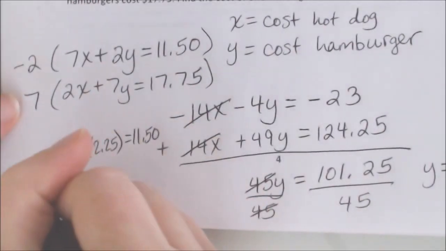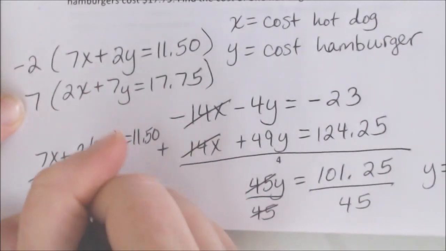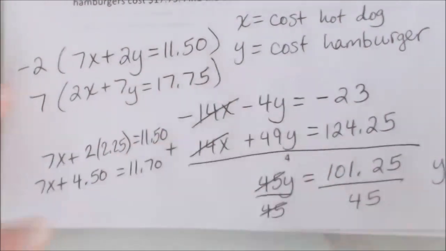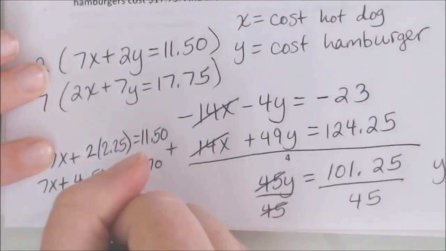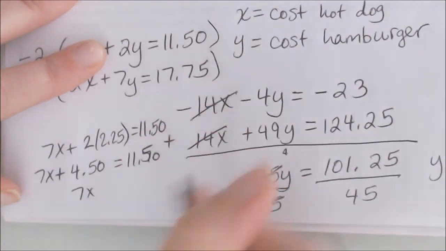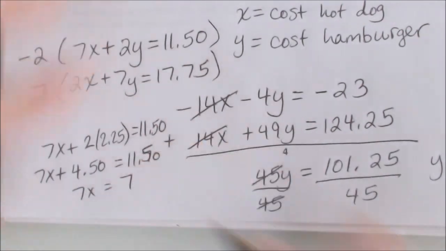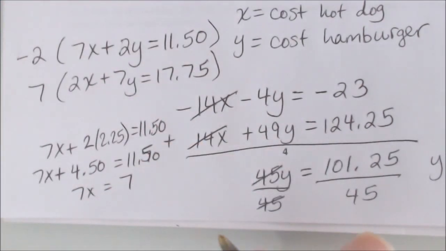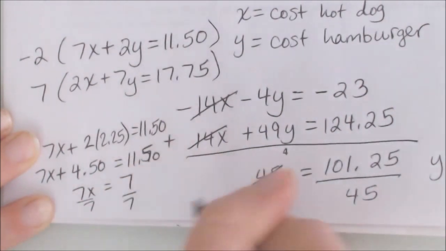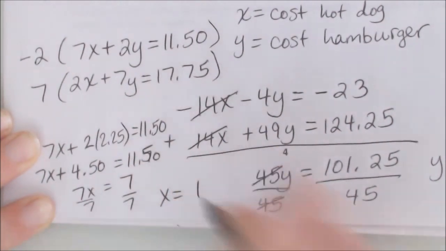Okay, so that's 7x plus 4.50 equals 11.50. Minus the 4.50, we get 7x equals 7. 11.50 take away 4.50 would be 7. Divide by 7, and we get a value of x equals 1.